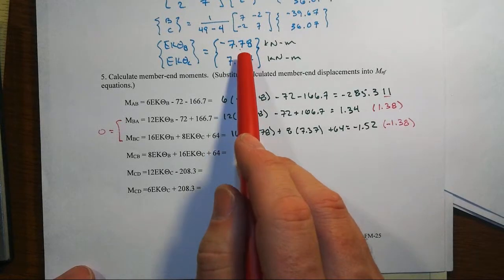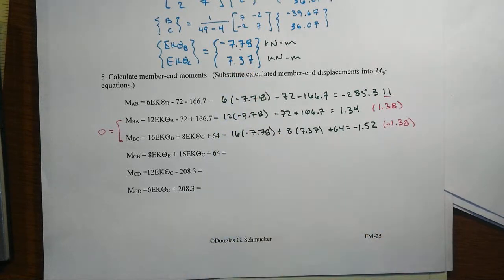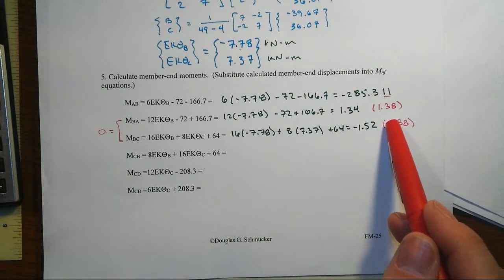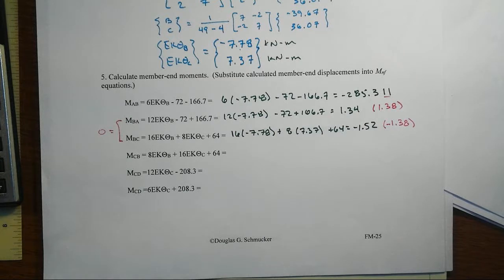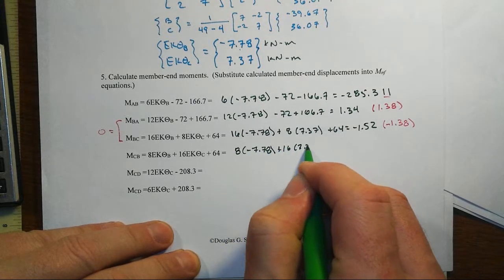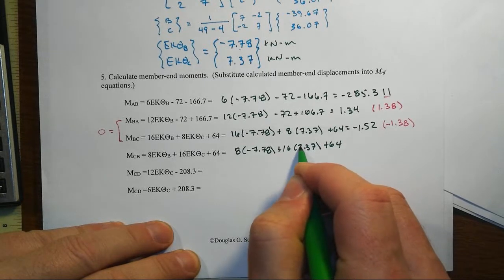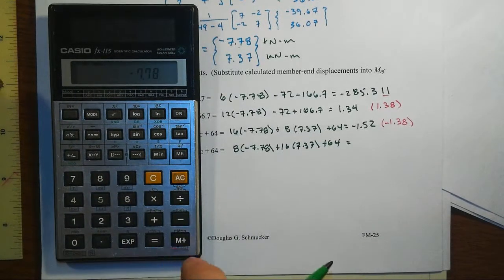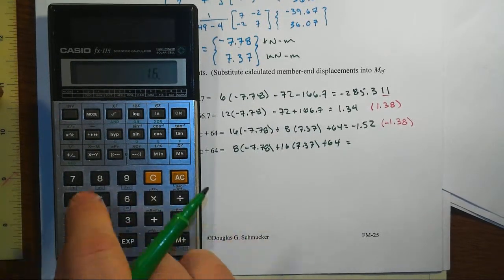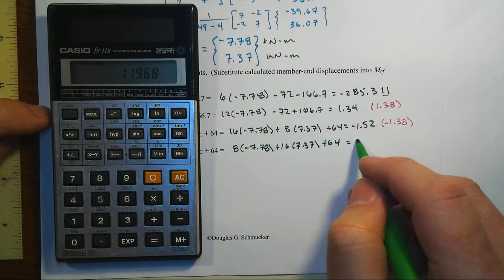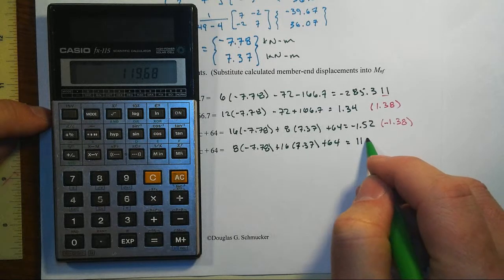We wouldn't have even really seen it at the larger magnitudes of the moments. This is obviously a very small moment. Then we get 8 times minus 7.78, plus 16 times 7.37, plus 64. Those of you following along at home probably already know where that rounding error came from.